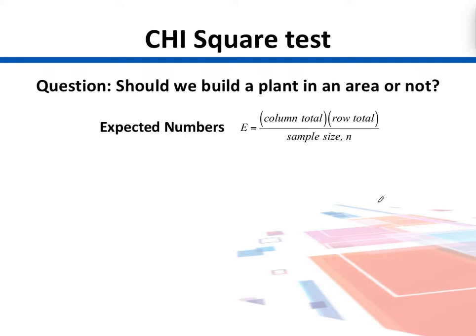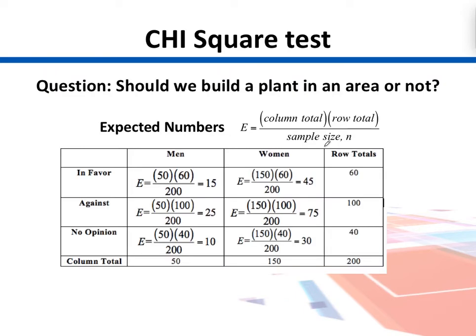We can get the expected numbers using those observed numbers, for each individual cell, as E equals column total times row total divided by sample size n, which is 200 here. If we plug into each cell we get the expected numbers.